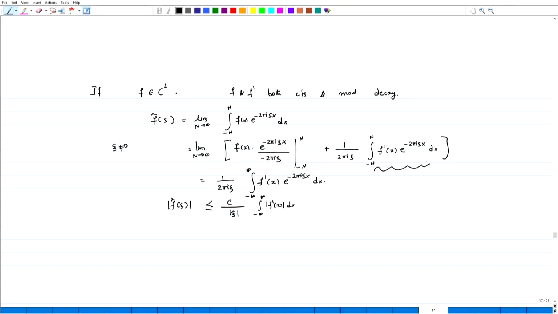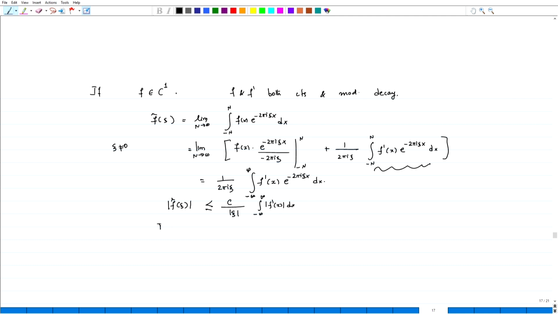But if we want to get decay like 1 over mod xi square, then we take f to be twice differentiable with the double derivative also integrable in our sense. Then by doing another integration by parts, we will get a factor of 1 by 2 pi i xi again.